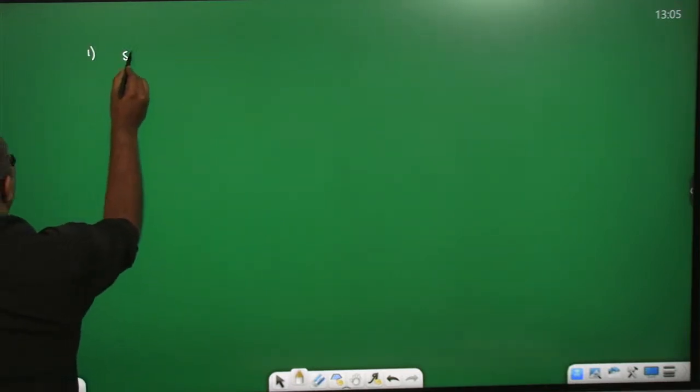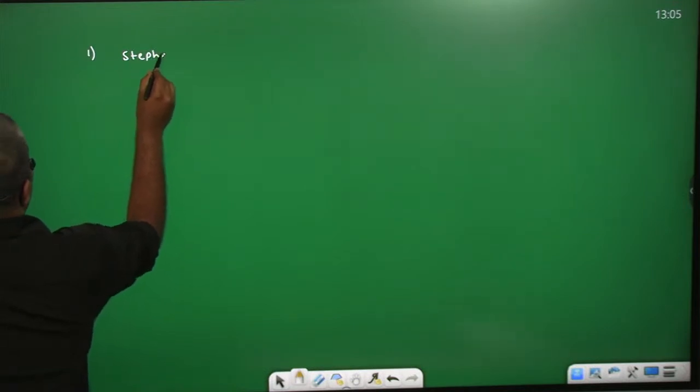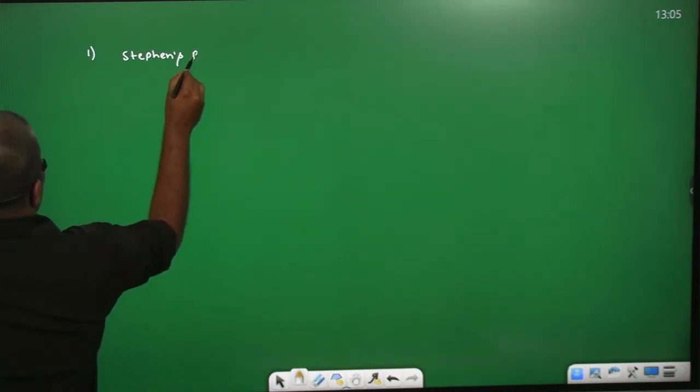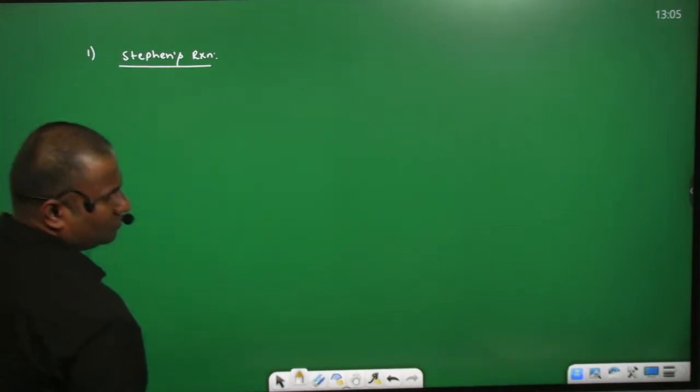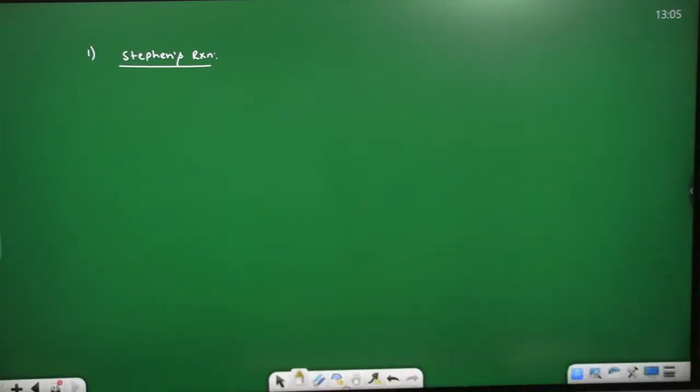First one, Stephen reaction. What is that? In Stephen reaction, what are we doing?